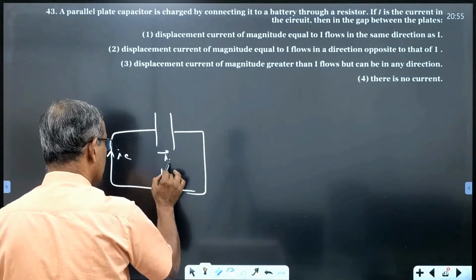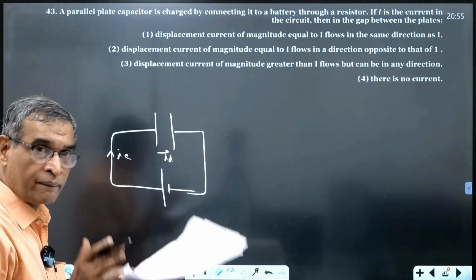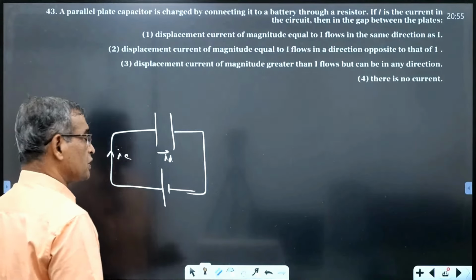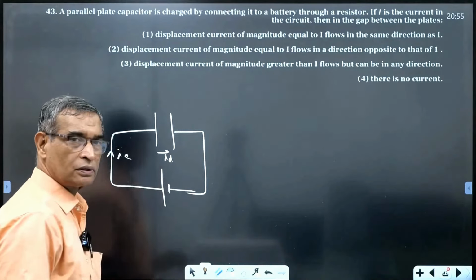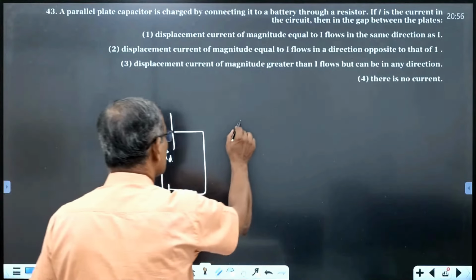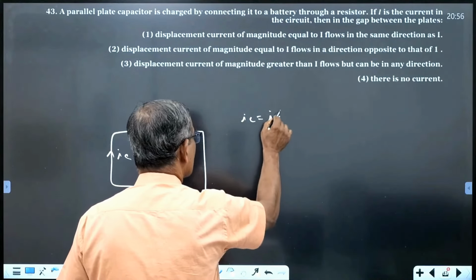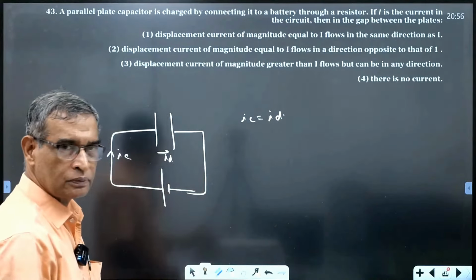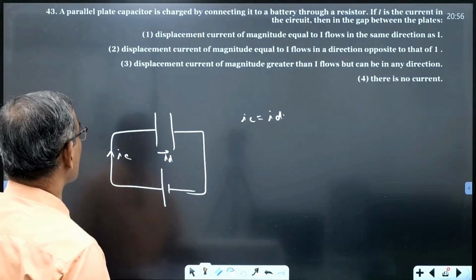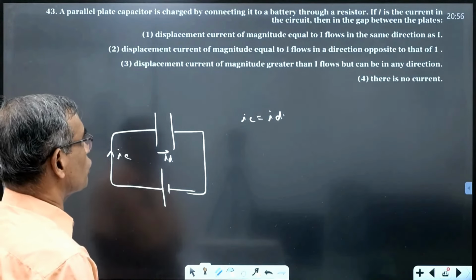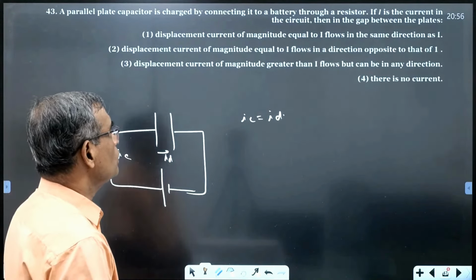As long as the circuit is live, till it completely charges, since it blocks DC, IC and ID are the same. IC is equal to ID, in the same direction and same sense. Therefore the displacement current of magnitude I flows in the same direction as I. So the option is 1.